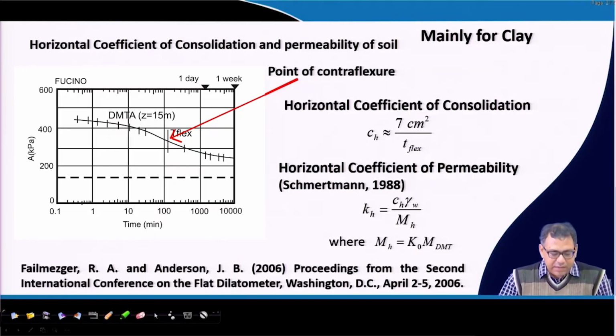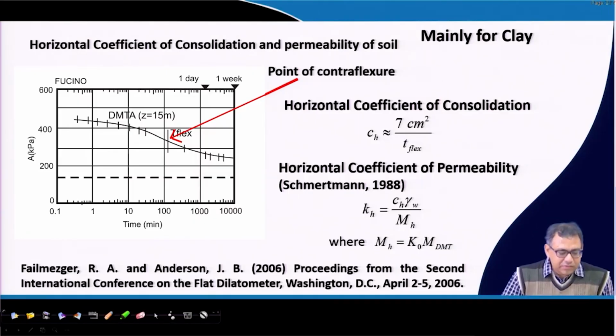So, these are the different time intervals. You can see this 1 day, 1 week, and we can take 1 minute, then 5 minutes, then 10 minutes. So, at different time intervals we will take the reading, and we will plot these readings with time. The x axis is time in minutes and the y axis is the A reading. And then we will identify that there will be a change in curvature in the curve.